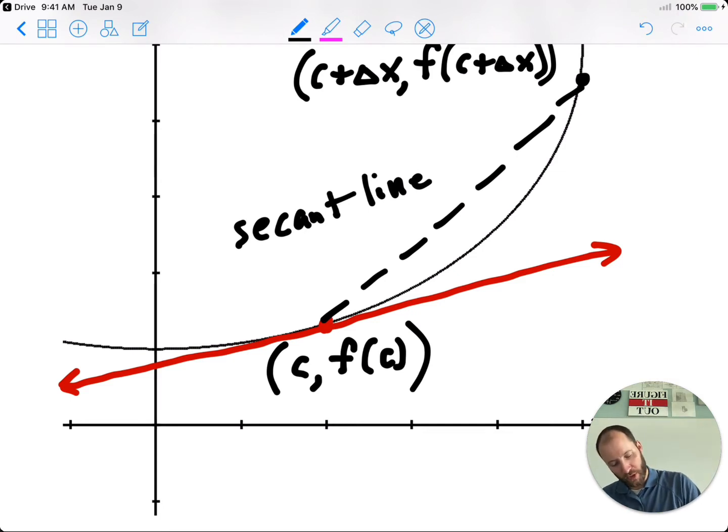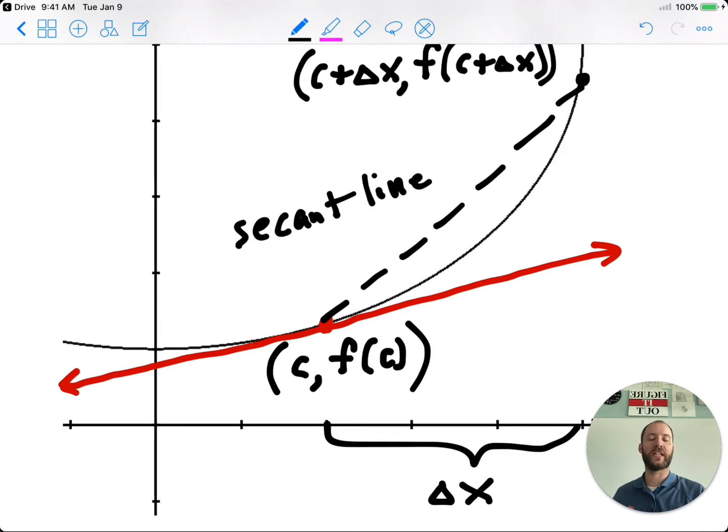So from our point of tangency over to a new point, that is our change in x, so delta x. Then the red, of course, right here is our tangent line.